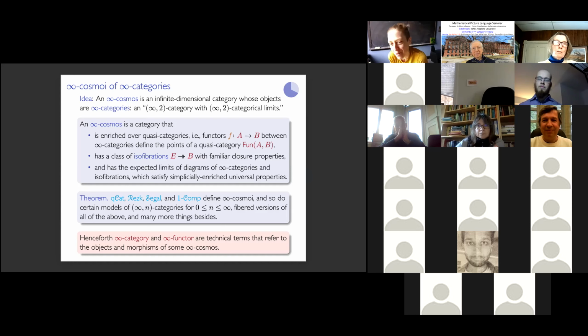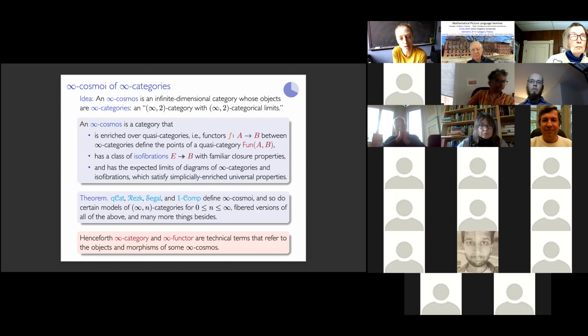Right, so the question is why would we need another model. If I had to pick a favorite model of infinity one categories, I would probably say quasi-categories as well. So it's totally reasonable to ask, why would we ever need another model? A couple of different reasons. Firstly, certain examples, the more geometrical examples of infinity one categories, often arise more naturally as complete Segal spaces or Segal categories than as quasi-categories.